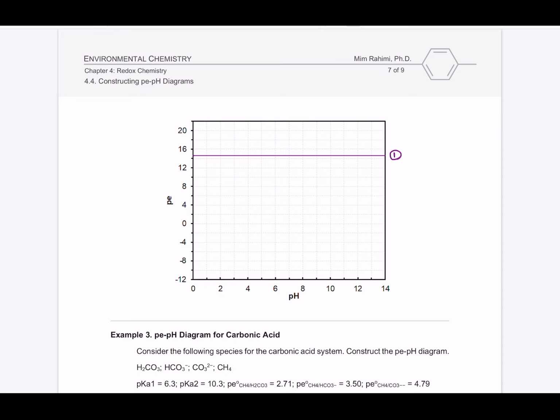So this line represents the equilibrium between Hg liquid and Hg2+. What side is Hg2+ and what side is Hg? So more electron here, less here. Why liquid? You have more electron in the bottom. So at the top, you get Hg2+.